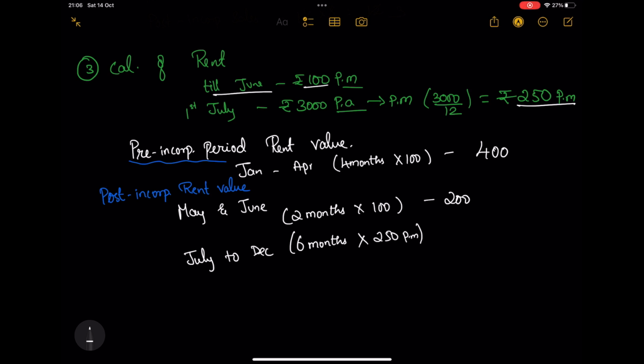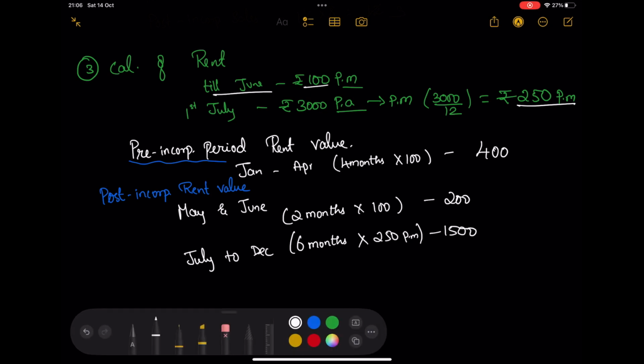So 6 into 250, that is around 1250. I'll verify it once. Okay, into 6. Yes, it's 1500. So now clearly I write it here.